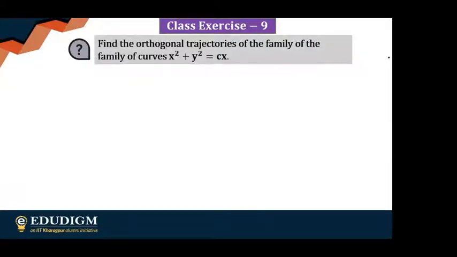Okay. Orthogonal trajectories of this family of curves. Okay, first of all, family of curves and their orthogonal trajectories. You don't need to worry about anything. Just understand that whenever you have some orthogonal things going on, their slopes will have the product -1.